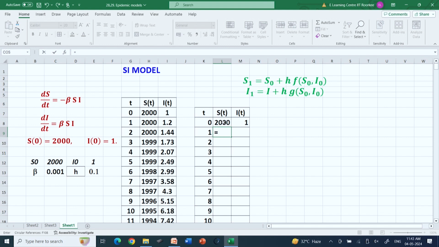So, this is equal to this S0 plus H times, which is again a constant, so I put dollars, times minus beta, which is this, again dollar, and enter.